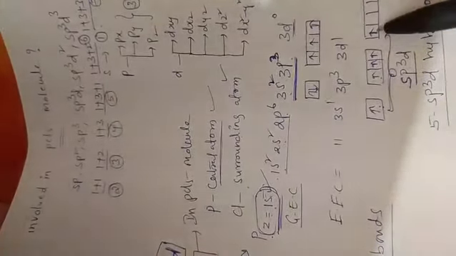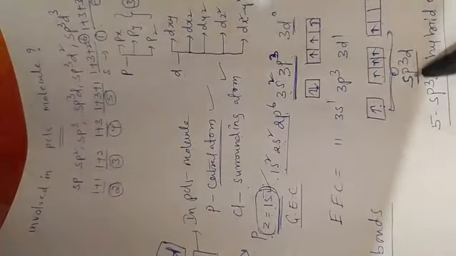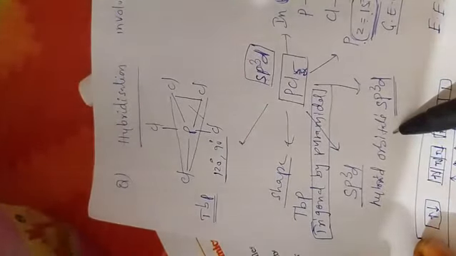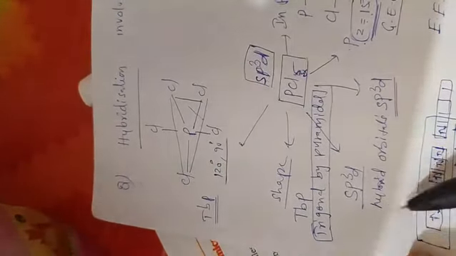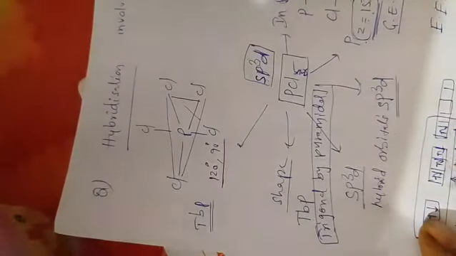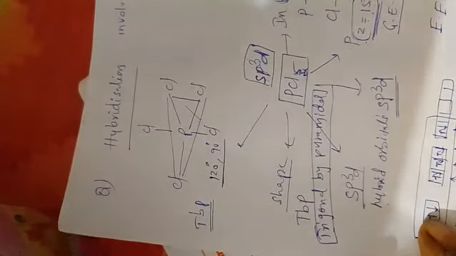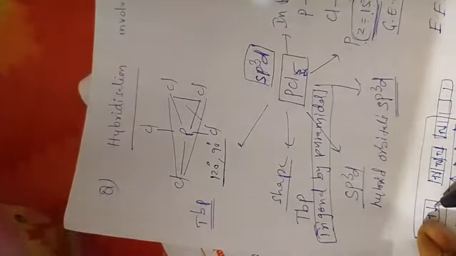The 3s orbital electron enters 3d. So we have 5 single electrons. These 5 single electron orbitals combine and are involved in sp3d hybridization. So sp3d hybridization forms 5 sp3d hybrid orbitals. Each orbital has one single electron. After that chlorine donates a single electron to those particular orbitals.